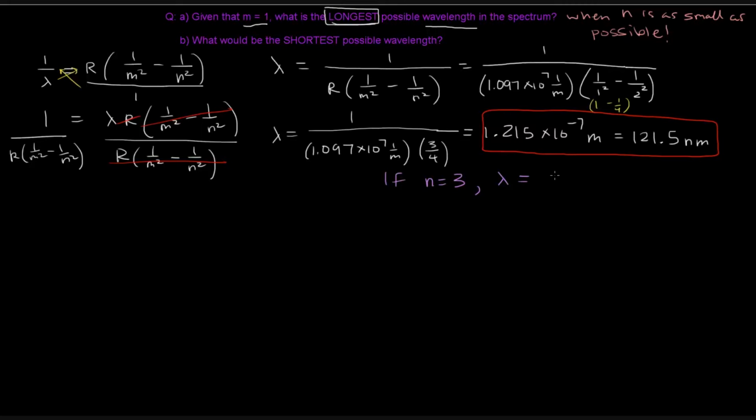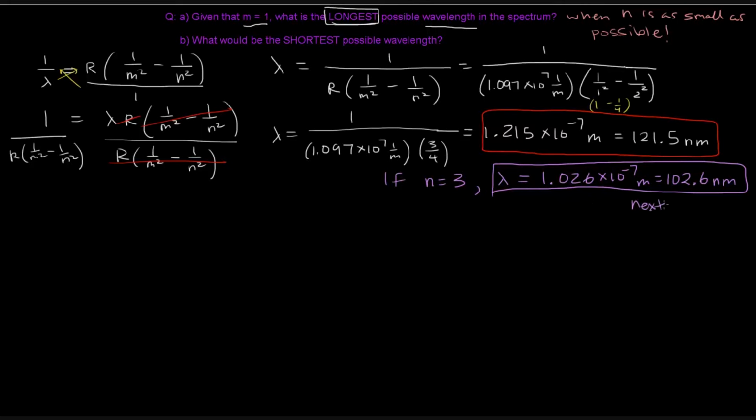So the wavelength in that case will be 1.026 times 10 to the negative 7th meters, which is approximately 102.6 nanometers. So notice here that if n equals 3, we have a wavelength that's a little bit smaller, but it's the next biggest. So as you plug in numbers for n that are bigger and bigger, the wavelength you end up getting is going to be smaller and smaller.